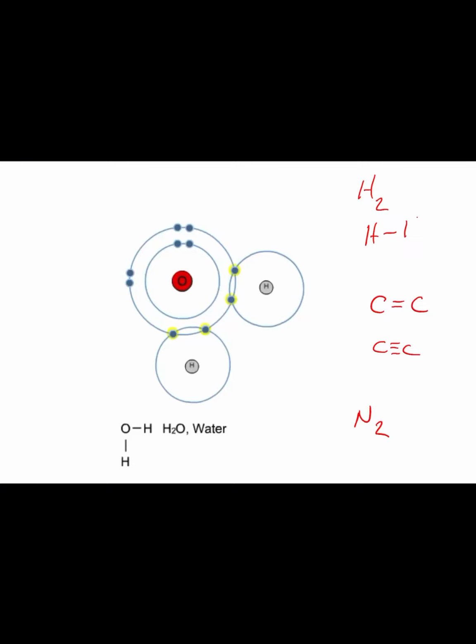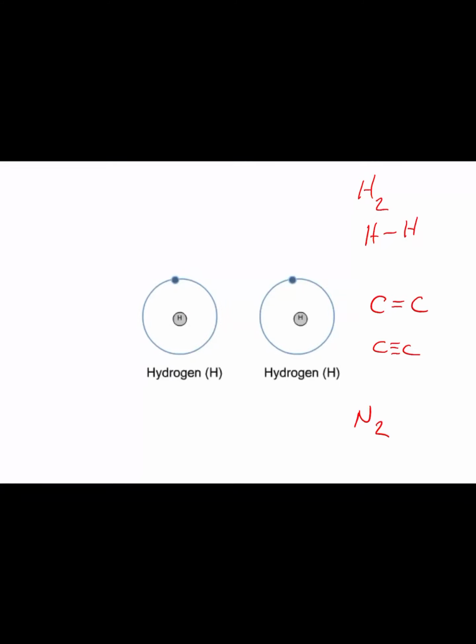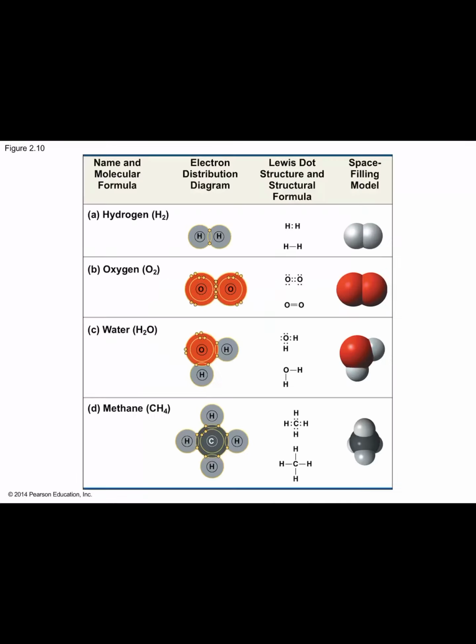We can also, however, show it as a structural formula, which shows 2 atoms of hydrogen with that single covalent bond attaching them to each other. These are just 2 ways to depict molecules and compounds. What you see here is a figure from the textbook that shows this, plus a few other ways of depicting molecules and compounds.